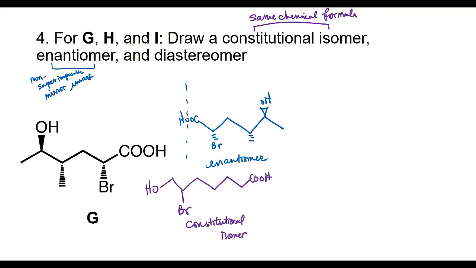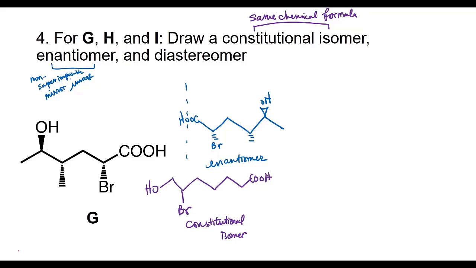We didn't get to this, but basically, how many different chiral carbons do I have? One is by the COH, COH bromine, one here.